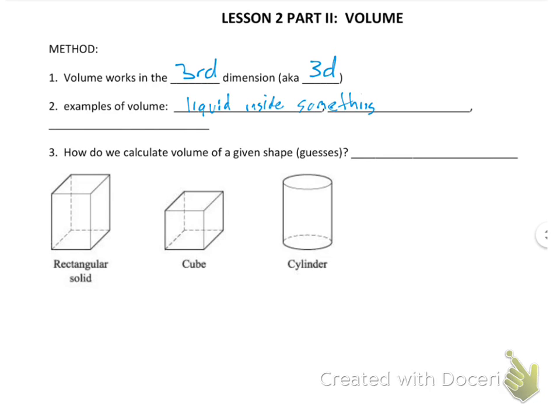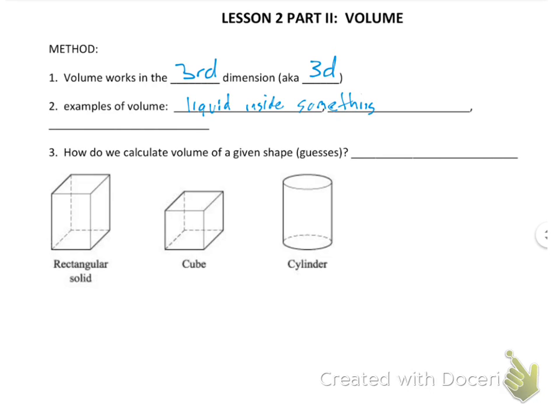Your can of soda or your water bottle that's sitting on your desk. If everybody in here had the same exact size water bottle, we could line them up next to each other and say, this person has more volume of liquid than the next person because they drank less of it, right? It'd be very easy to line them up by the height of the water inside those bottles.